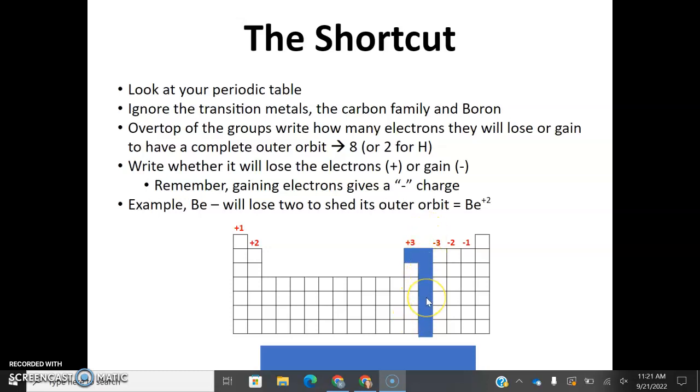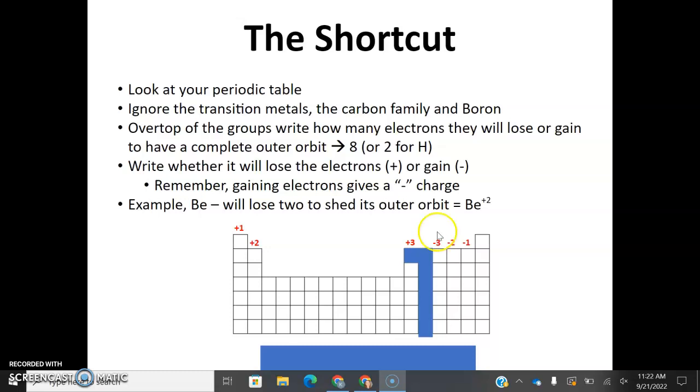We don't need to worry too much about the carbon group right now because, again, it could go either way because it's got 4. And then, of course, when we have our nonmetals over here, we have them taking on those electrons, because remember, if they have 5 or more, they're going to tend to take them, which will create an anion, because if you're adding negative electrons, then the overall charge will become negative.